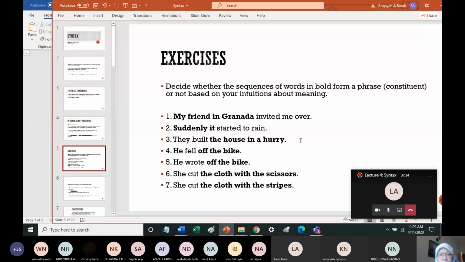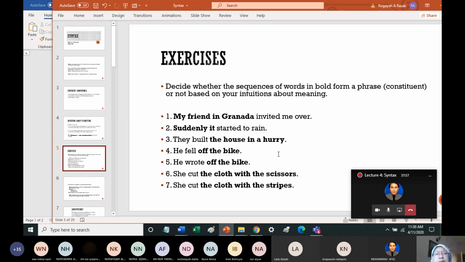Number 3, the house one. They built the house in a hurry. Can you see the screen? The house in a hurry is not a constituent. Any reason?